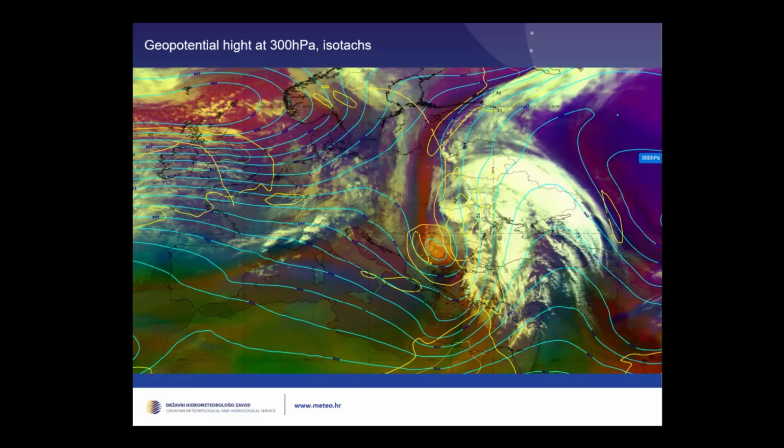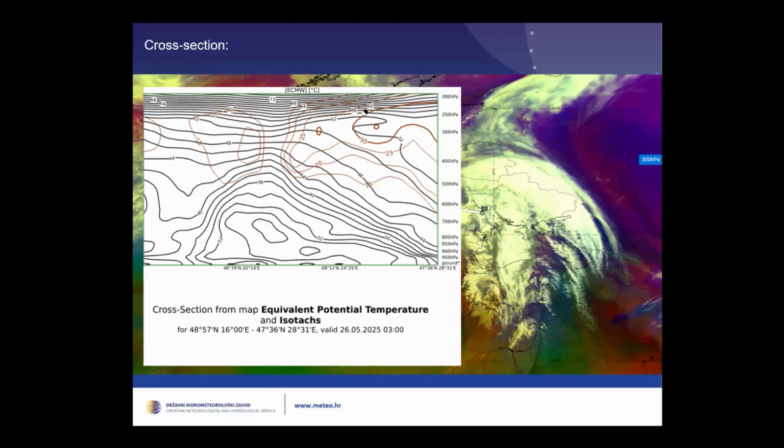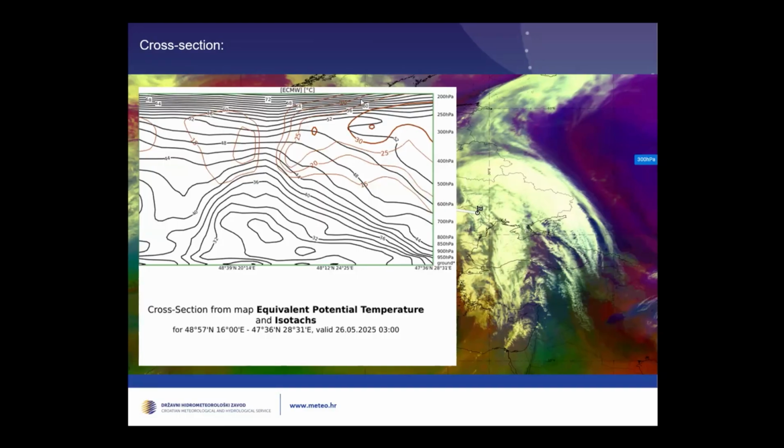So let's have a look. So we'll make a cross section here. Let me just erase this so it doesn't bother us. Okay. So we have a cross section, and then we can see here on the right side to the east, you can see in the upper levels the jet stream with its jet core.